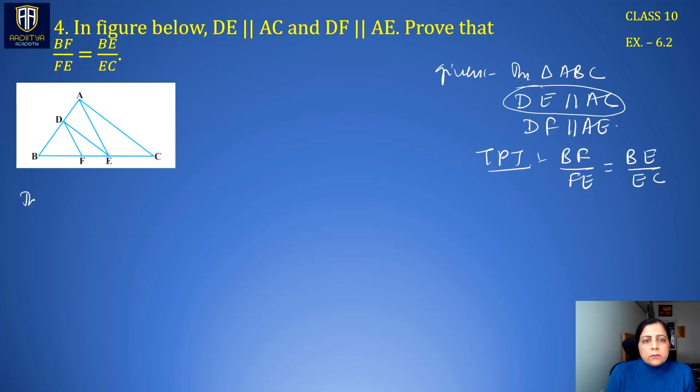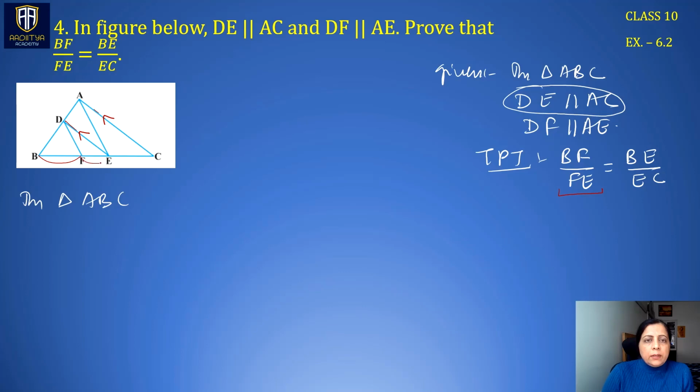So in triangle ABC, look at this whole triangle ABC. DE is parallel to AC. So if this side is parallel to this side, you can apply BPT over here in the manner you require in the question.